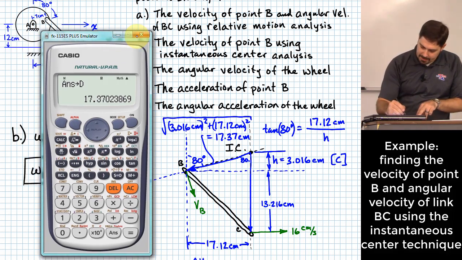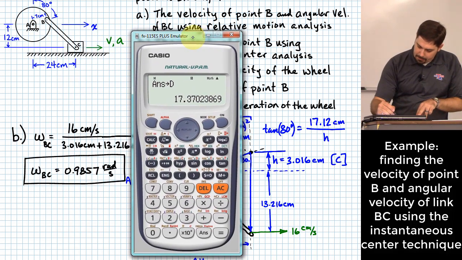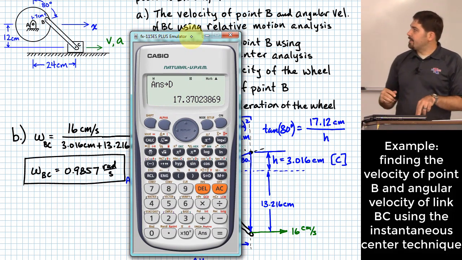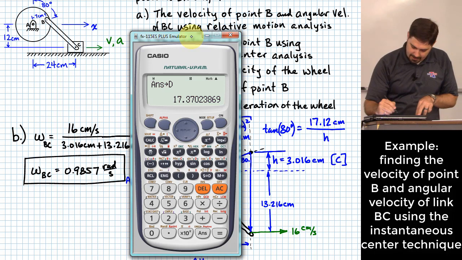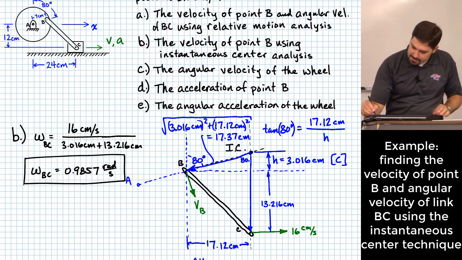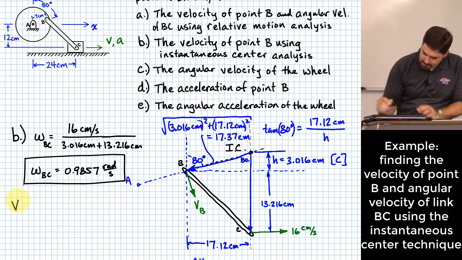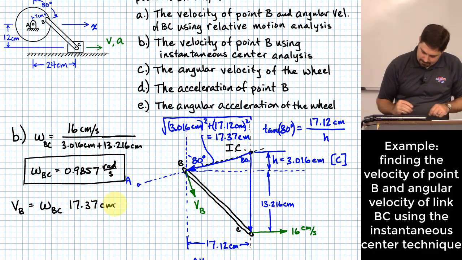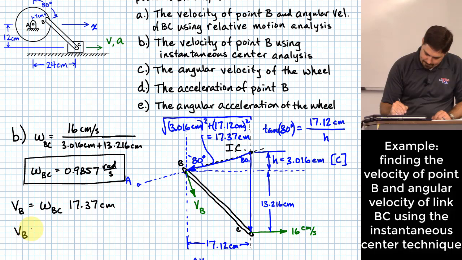But what I want to do with it is just multiply my omega BC times that length. So we'll say the V of B is equal to omega BC times that length of 17.37 centimeters.